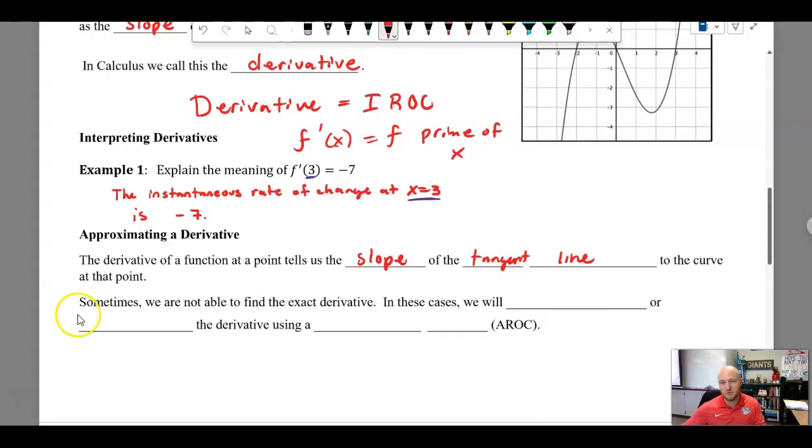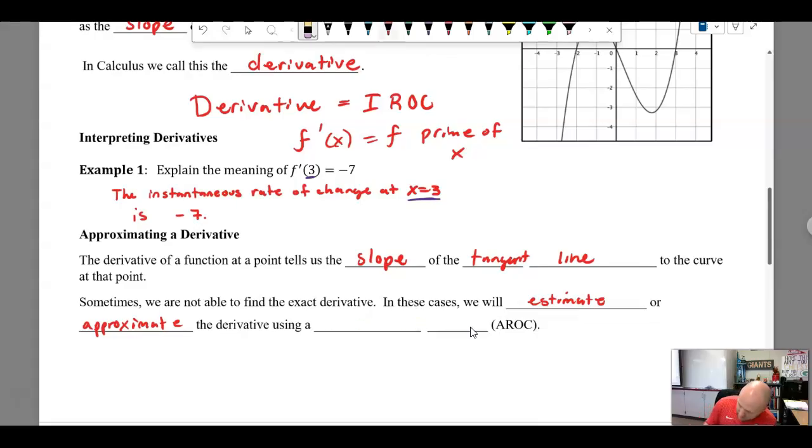And sometimes we're not able to find that exact derivative. In these cases, we will estimate or approximate the derivative using a very important set of words here, difference quotient.